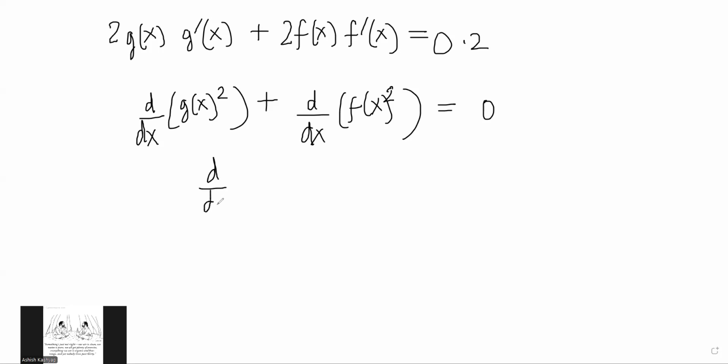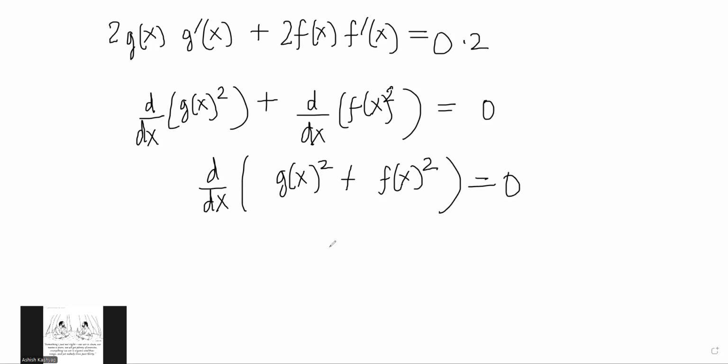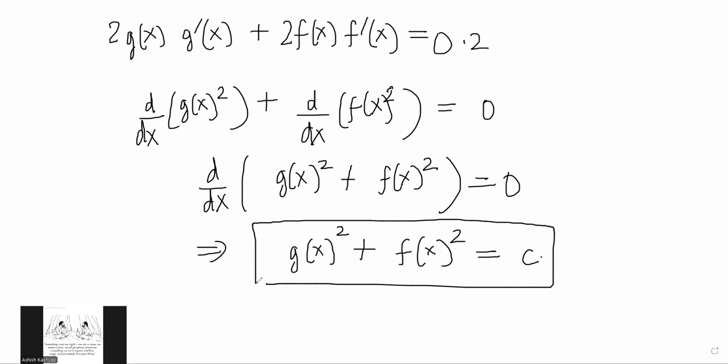We are saying d by dx of g of x square plus f of x square is equal to 0, which implies that g of x square plus f of x square is equal to some constant, right? And we already found the value of f of 0, which was 1, and g of 0, which was 0. So putting x is equal to 0 here, we will get 0 plus 1 is equal to c. So therefore, c is equal to 1.